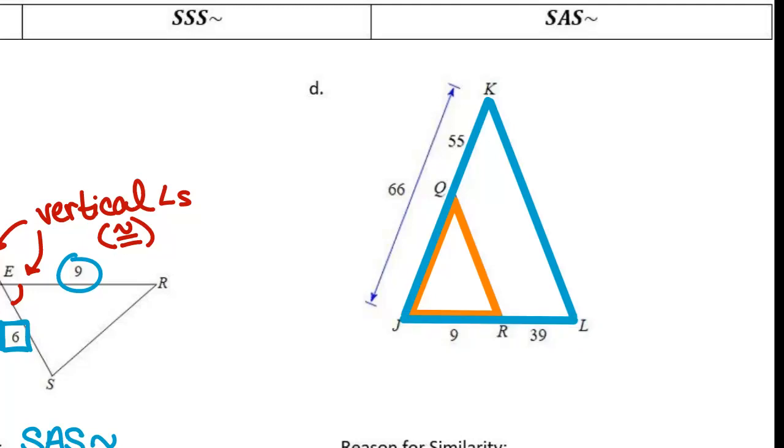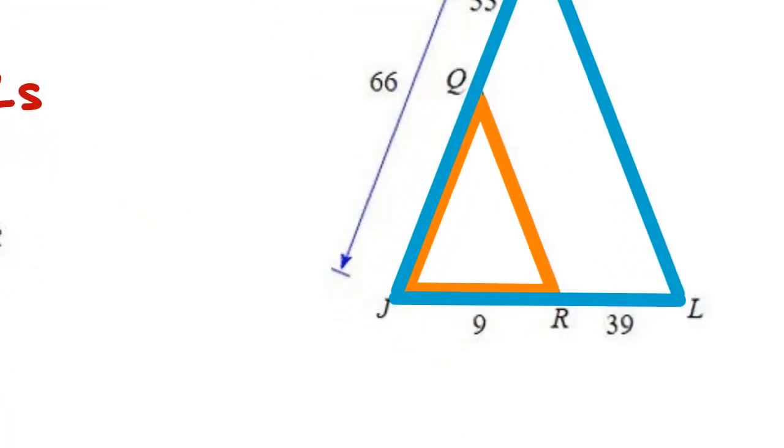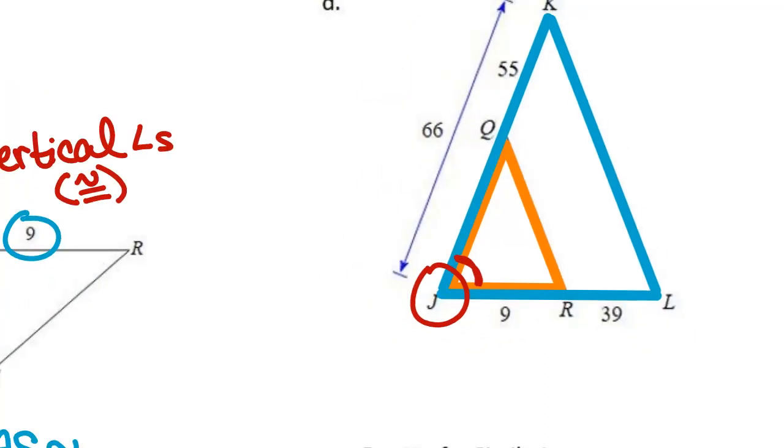You guys see both of those triangles? Is there anything that those two triangles have in common? Anything that they share completely? J. Angle J right down here. Angle Q is part of this side, so it's part of my orange triangle, but it has a linear pair to it on the blue triangle.